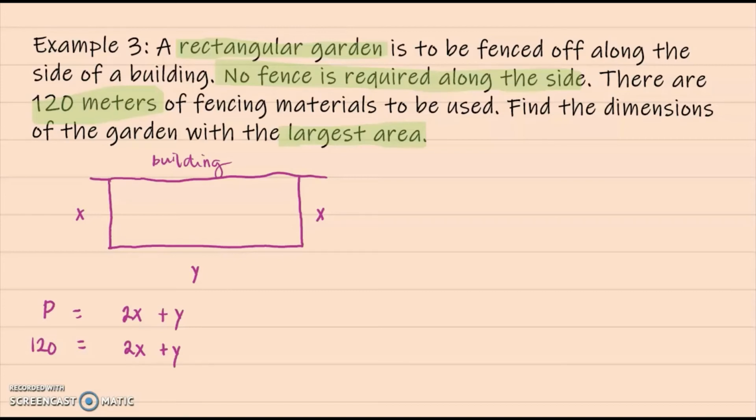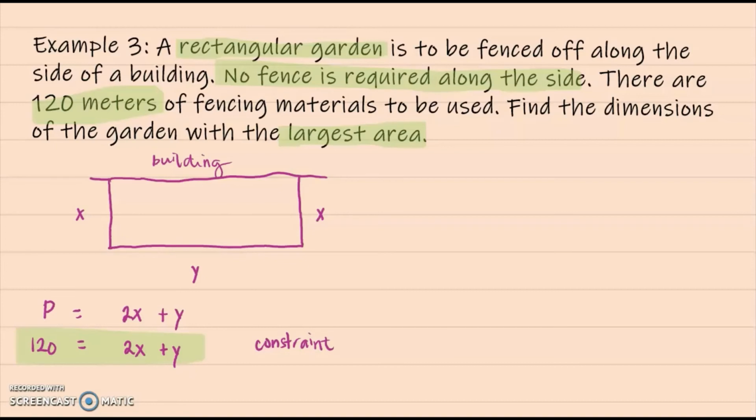Let's highlight that. And what do we call that equation? That is our constraint. Now let's write our optimization equation.